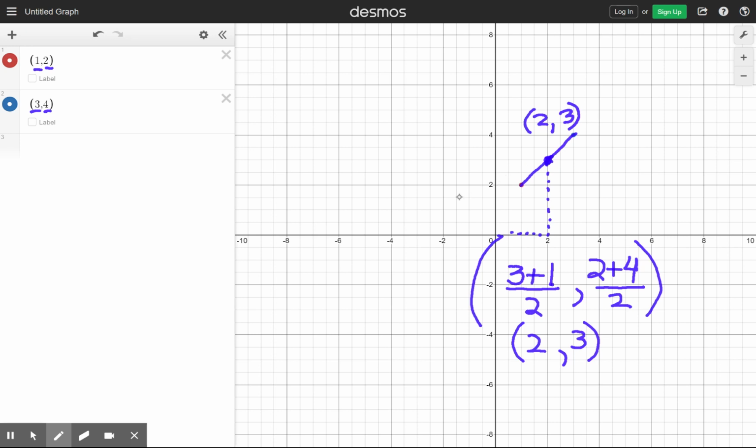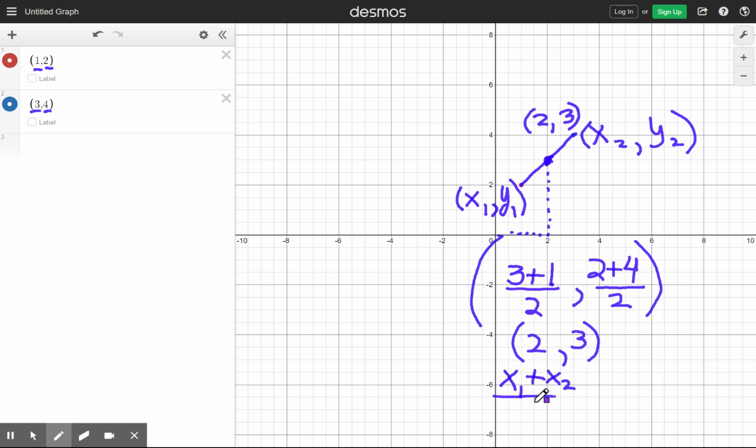All right, so let's just say we have our first point again as (x1, y1) and our second point is (x2, y2). And so to find the average of the x coordinates, we simply take the first x, add it to the second x.